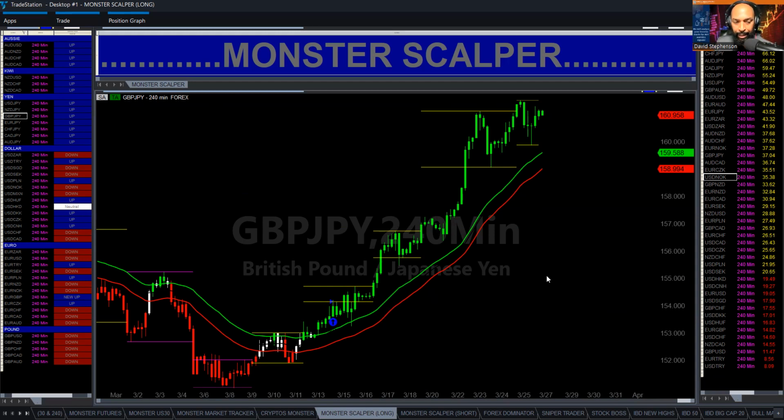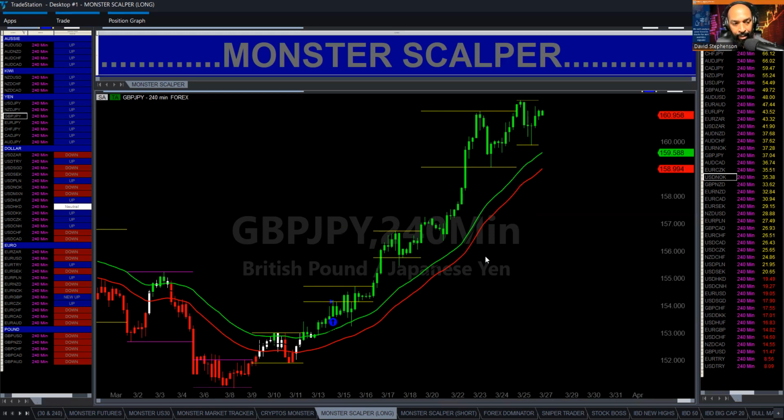The concept is this: you can scale out. As you take a big position and the price moves higher and starts breaking resistance, you keep taking profits off the table. That's scaling out.